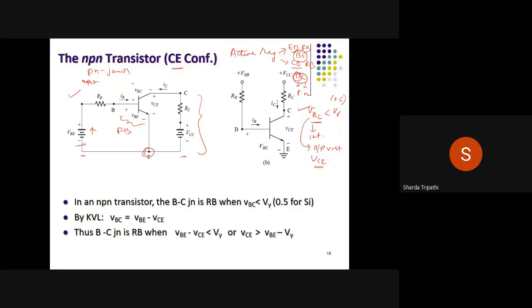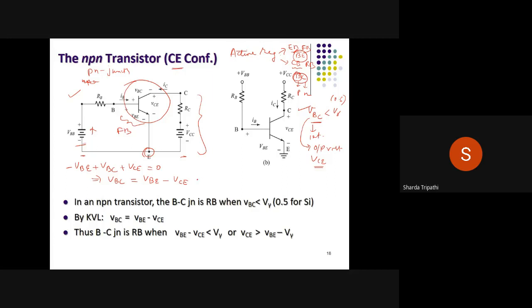So how can I do this? For this, I want you to get back to this symbol. Across this symbol, you see that there are three voltage drops, and by KVL, the net sum of the voltage drops should be equal to 0. So applying KVL, the condition becomes minus VBE plus VBC plus VCE is equal to 0. That means VBC will be equal to VBE minus VCE.